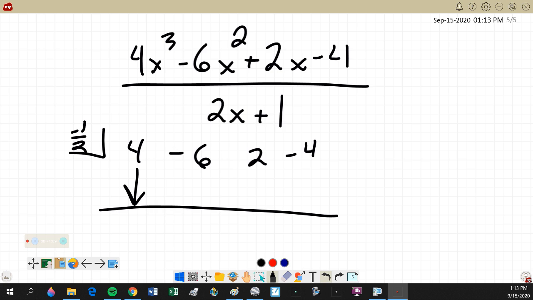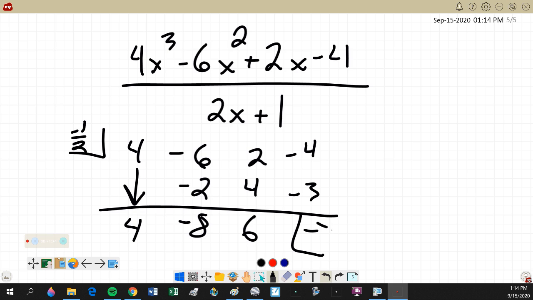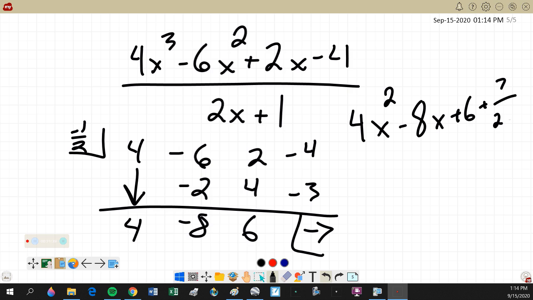So drop the 4. -1/2 times 4 is -2. -1/2 times 8 is 4. And then that would be -3, -7. So we end up with 4x to the third, 4x squared minus 8x plus 6 plus 7 over 2x plus 1.